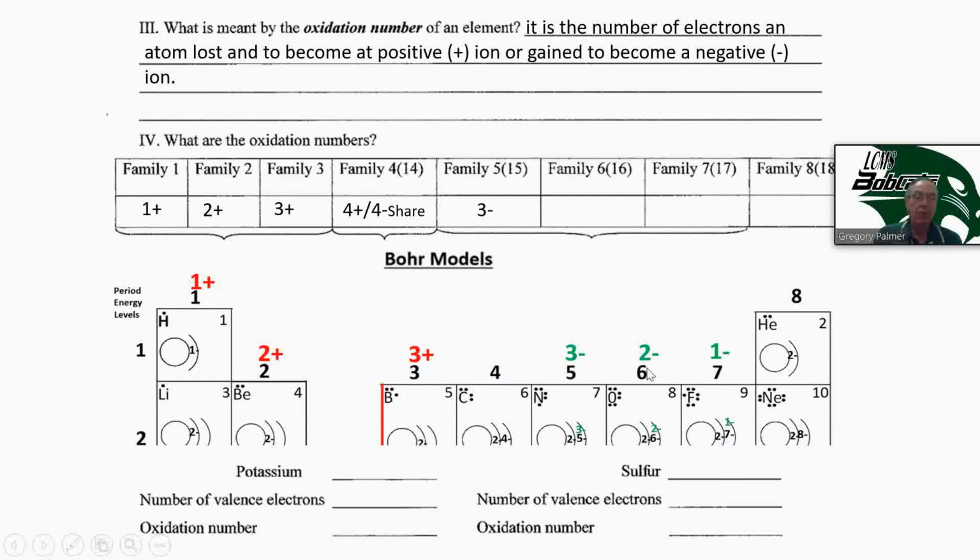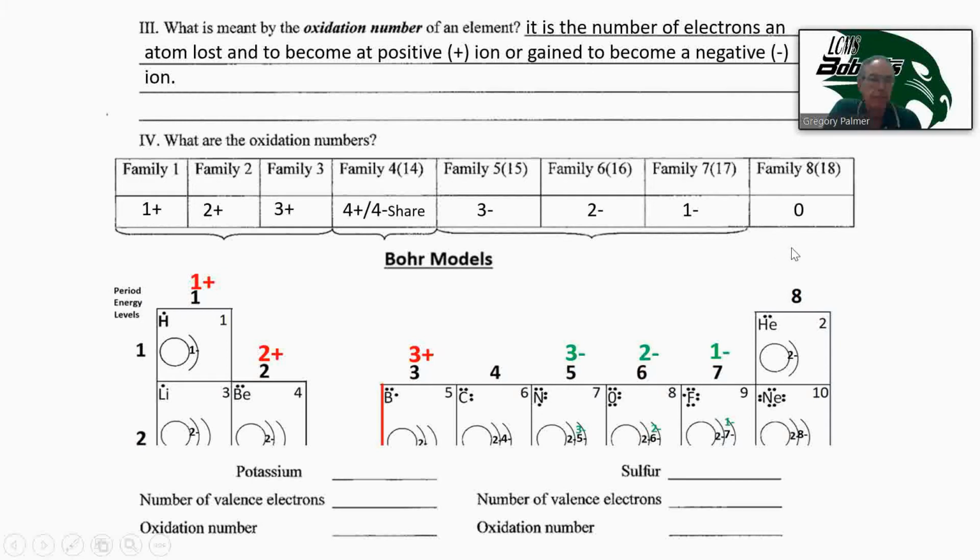Family 5 is a 3 negative. Family 6 is a 2 negative. Family 7 is a 1 negative. And then family 8 is perfect. It's not going to gain or lose any electrons, so the oxidation number is 0. So you can see that these oxidation numbers relate to the families on the periodic table.